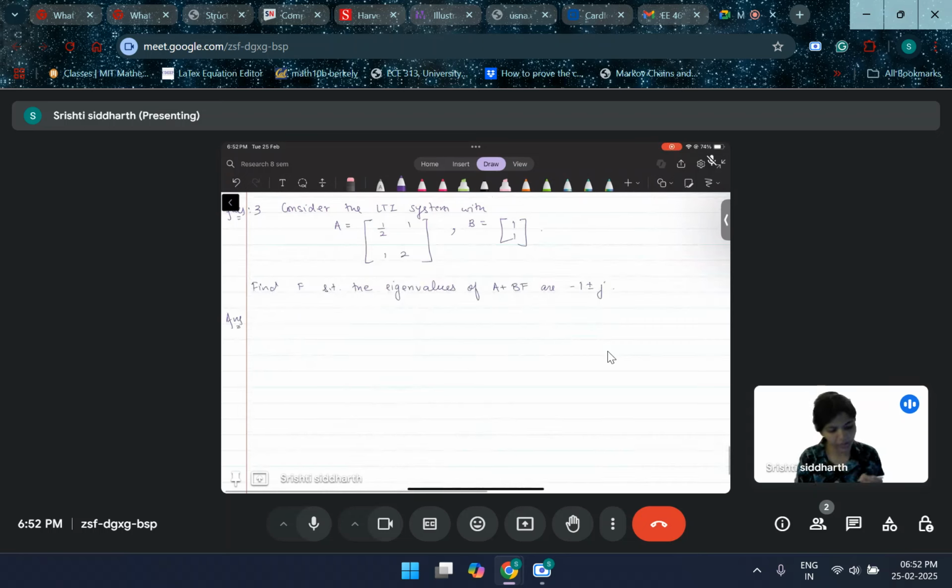So we'll have to first verify whether the pair AB is controllable or not. Again, this is simple. It's [B AB], where AB is half plus 1 and 1 plus 2.